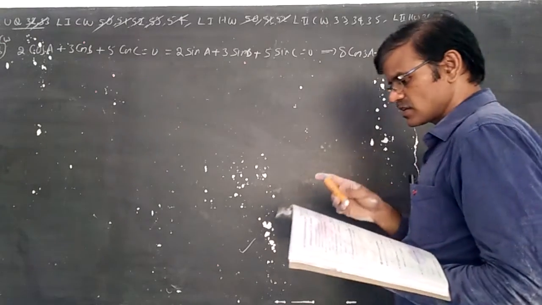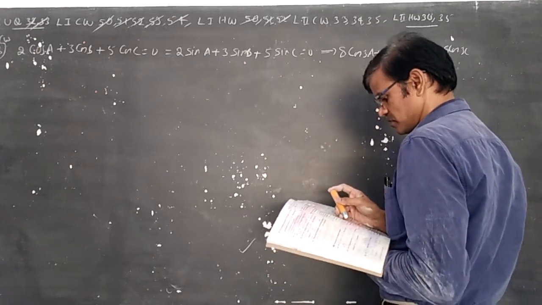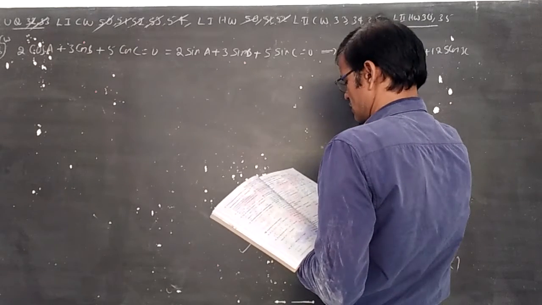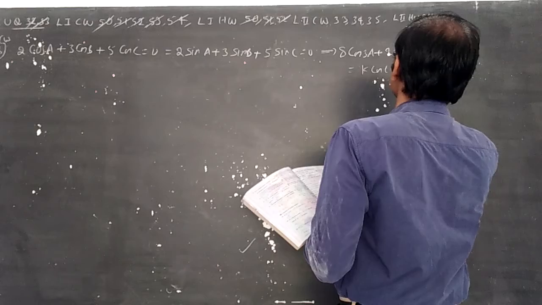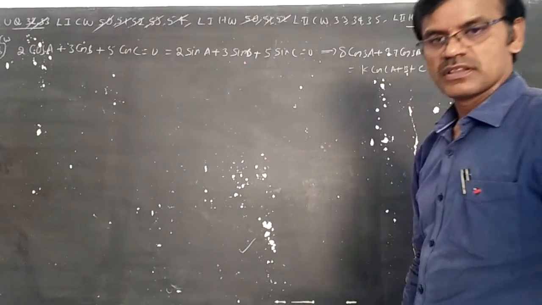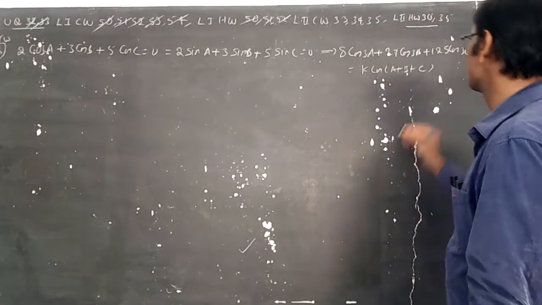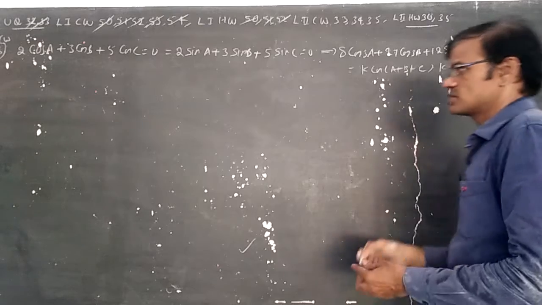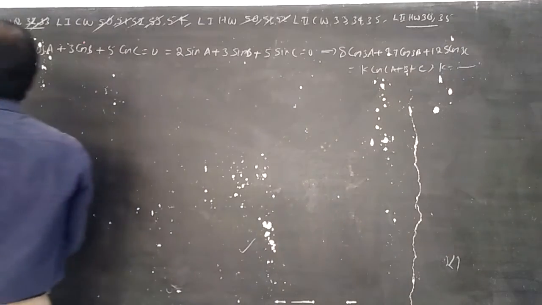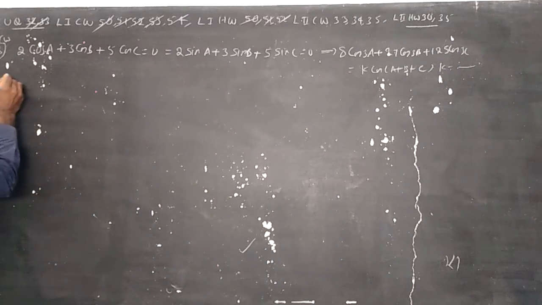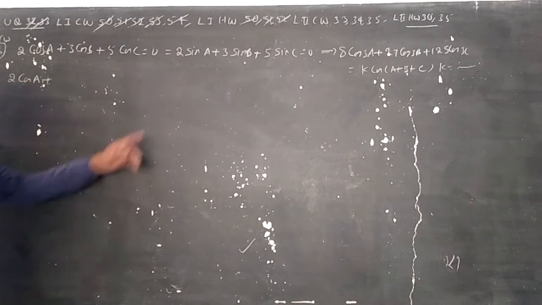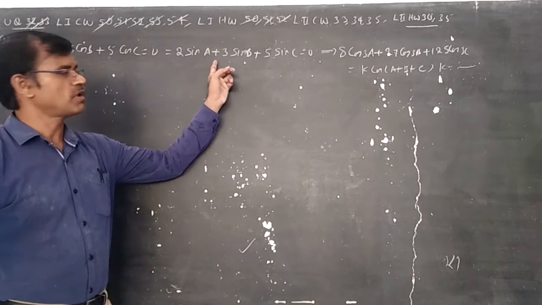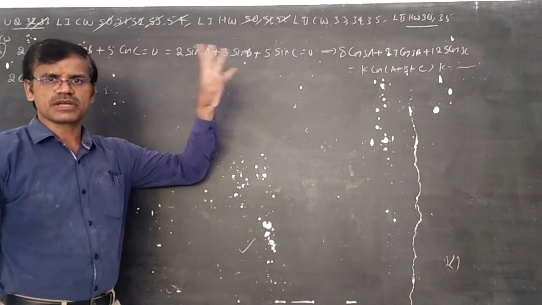This is logical thinking, you can understand K. That is equal to K into cos of A plus B plus C. This is an MSET question. Then what is the value of K? K is equal to dash. Right, now 2 cos A plus, multiply, because this is 0 and this is 0, multiplying i into 0 becomes 0.